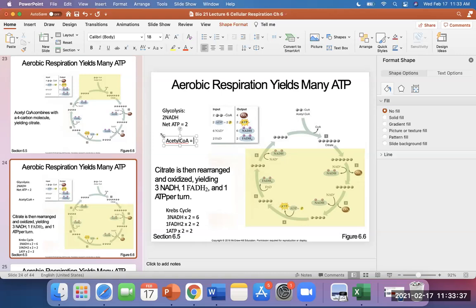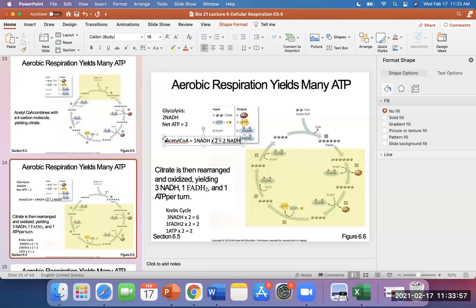So that's when pyruvate is being modified and it turns into a 2-carbon molecule. CO2 leaves as a waste product, and it also releases NADH. Because it happens twice, 1 NADH times 2 gives you 2 NADHs for this as well.